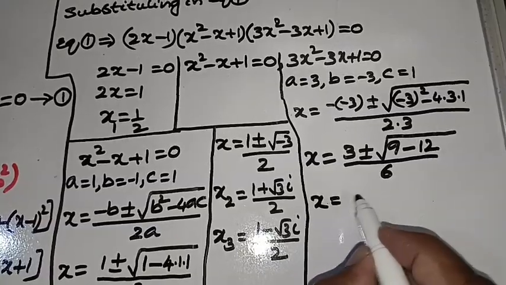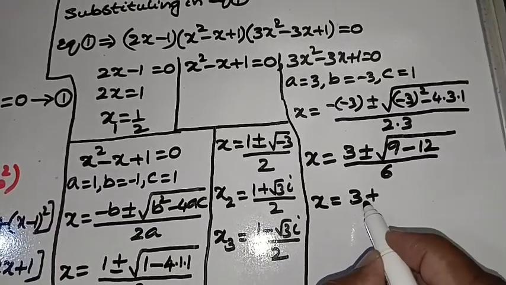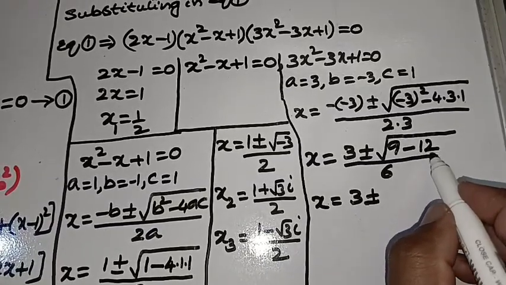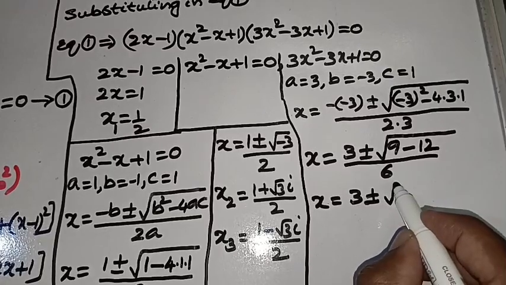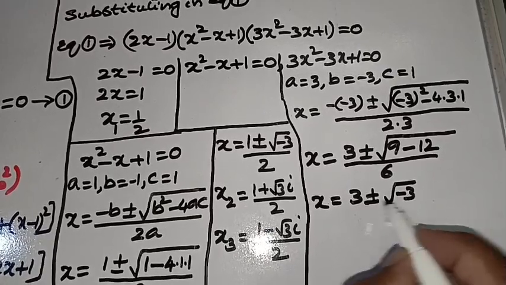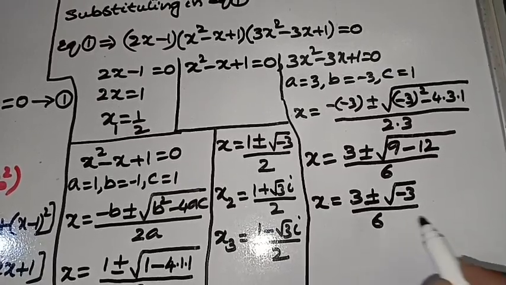So x is equal to 3 plus or minus 9 minus 12 is minus 3, root minus 3 divided by 6.